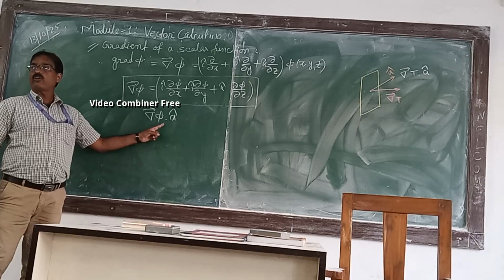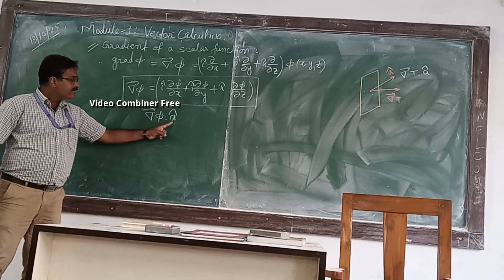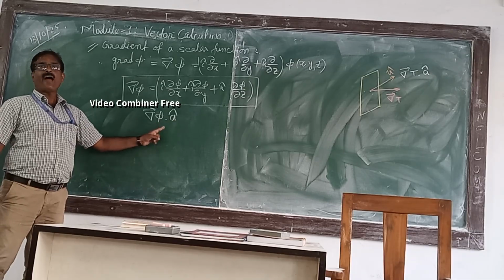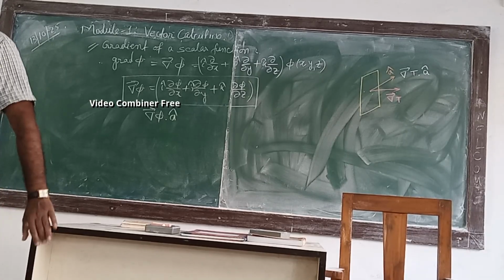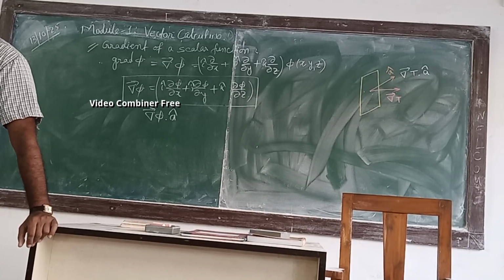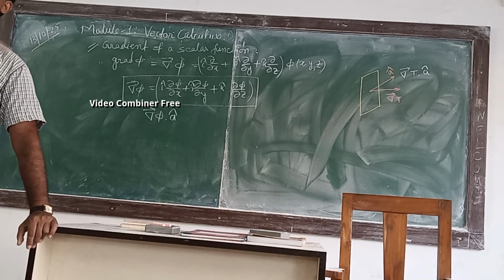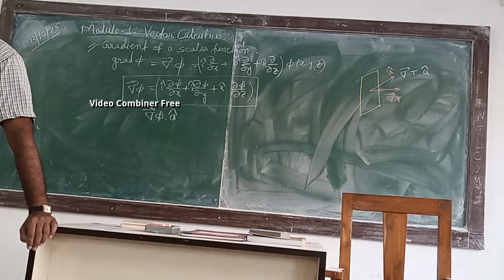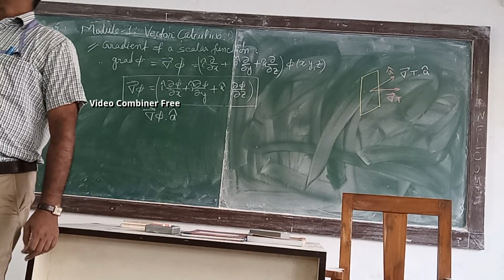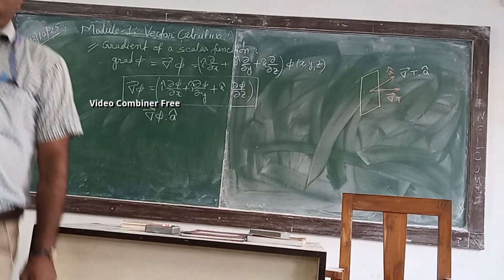Here we have to put a dot. Why? Because this is a vector, this is also a vector. Grad phi dot A means the magnitude of grad phi, A is the unit vector 1, into cos theta. Grad phi component along A cap. If you want to take the component of anything along an angle theta, that is cos theta, grad phi cos theta. Why? The magnitude of A cap is 1.